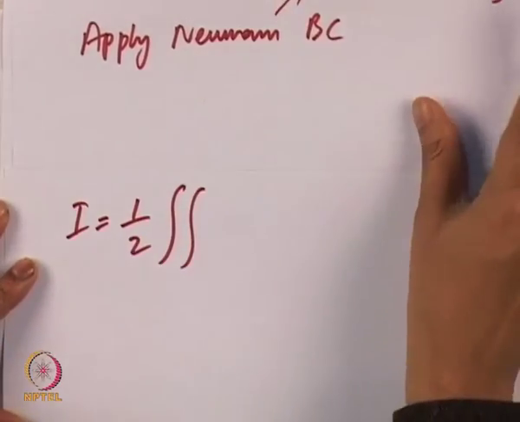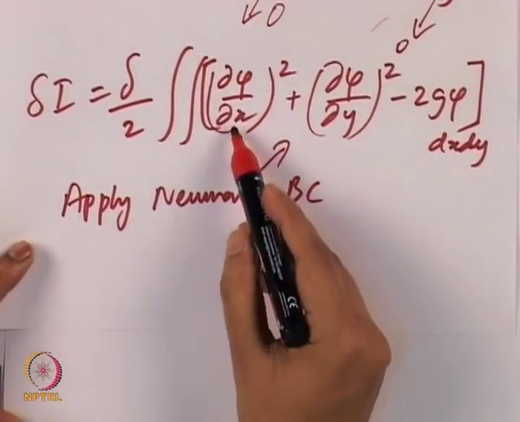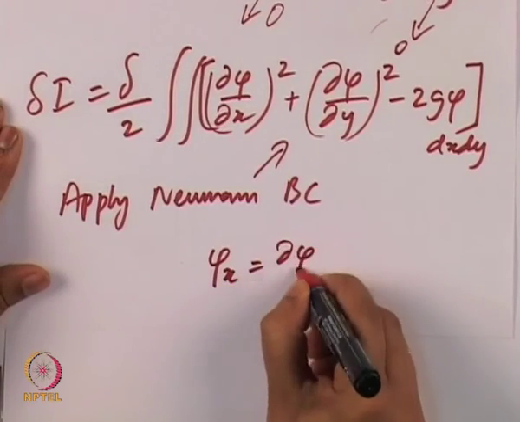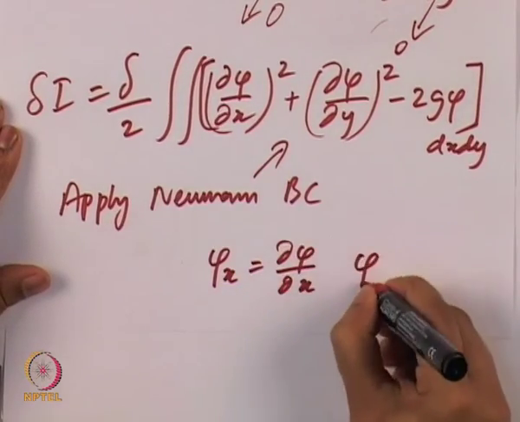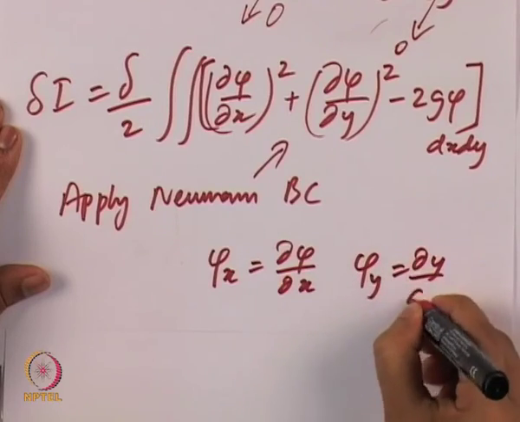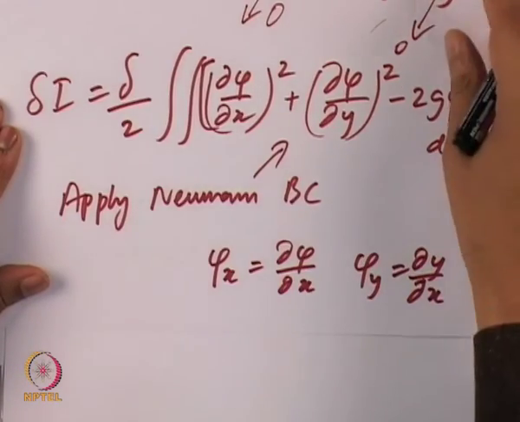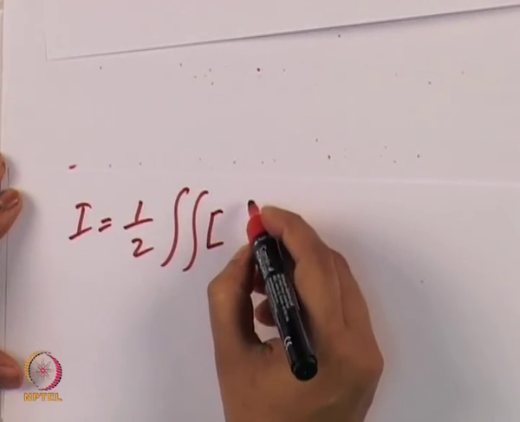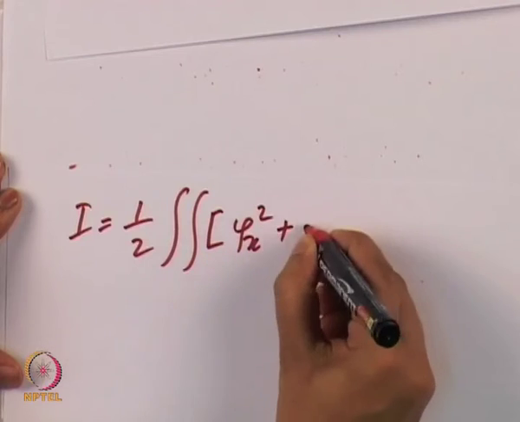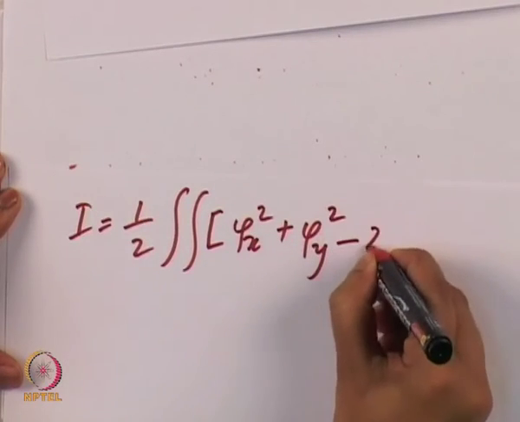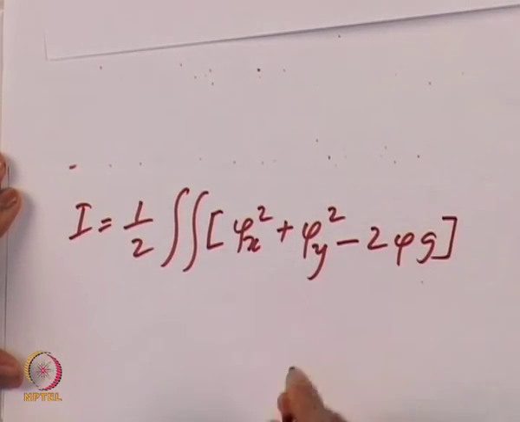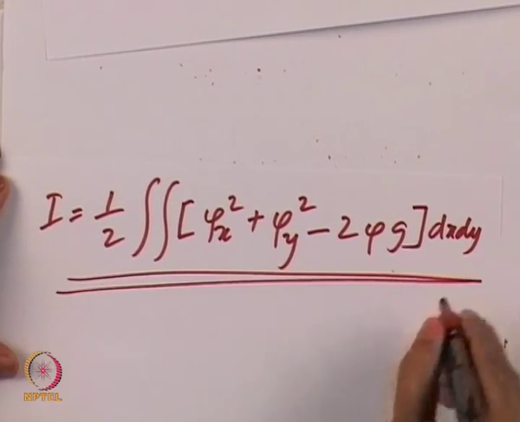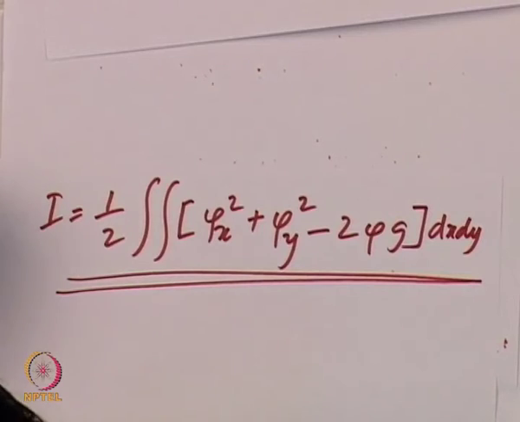So instead of writing the equation like this, I can simplify by saying d phi is equal to, and dy is equal to, so when I apply that I can write the expression in a simplified notation as, x square d y square minus 2 phi g dx dy. So this is the final expression of the functional.